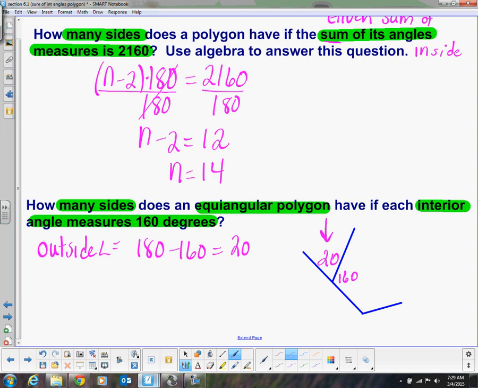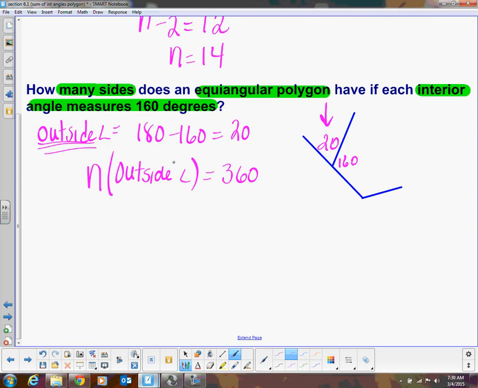Now, I am dealing in outside angles. So now I'm going to have to say n times the outside angle equals 360. Because if I know that the measure of each one of those angles is 20 degrees, and I have n of them, they must sum to 360.